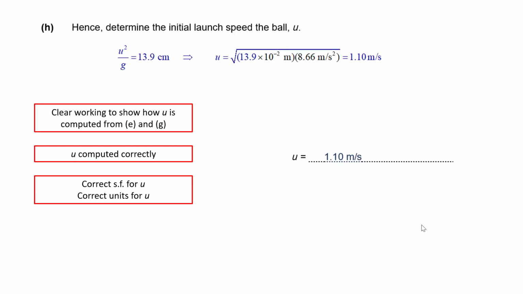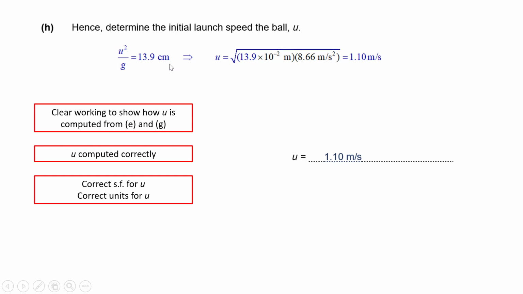Finally, we want to determine the initial launch speed of the ball, u. So earlier on, we've got u squared over g equals 13.9 cm. So that leaves us that u is equal to the square root of 13.9 times g. So put in the two values you calculated earlier.